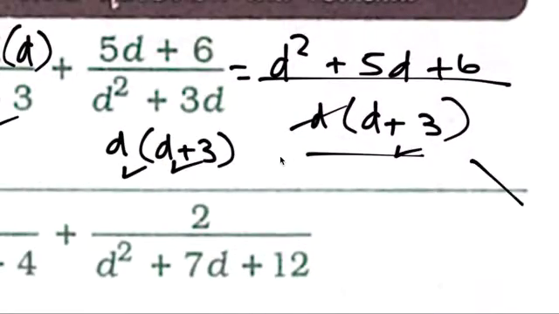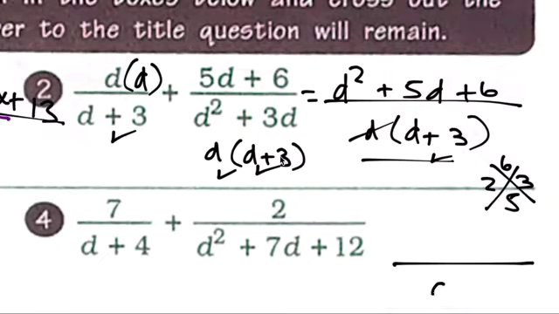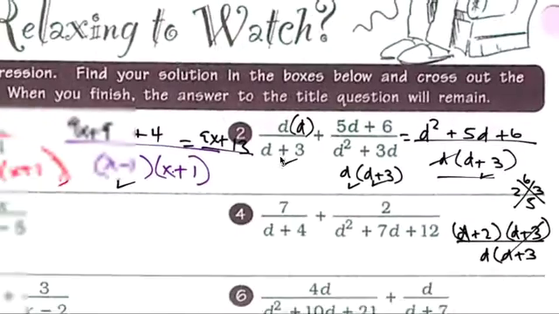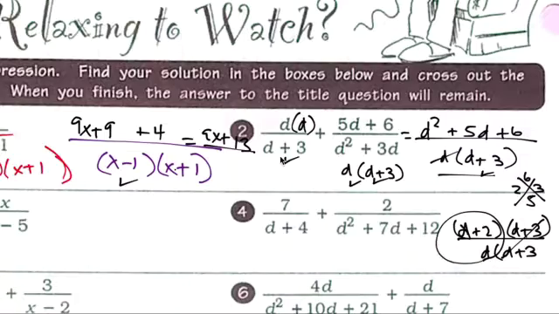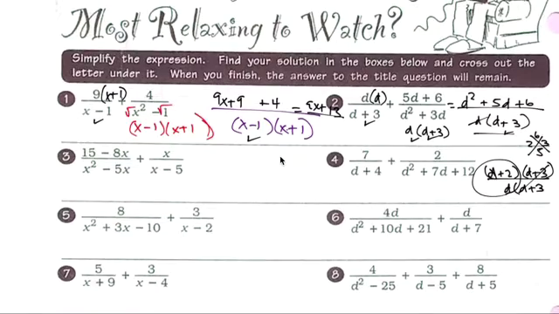And then you factor the numerator: 6 and 5, 1 and 6 doesn't work, 2 and 3. So your common denominator is d plus 3, d plus 2, and then d plus 3 cancels out, so your answer is d plus 2 over d. Find it here, cross it out. Okay?